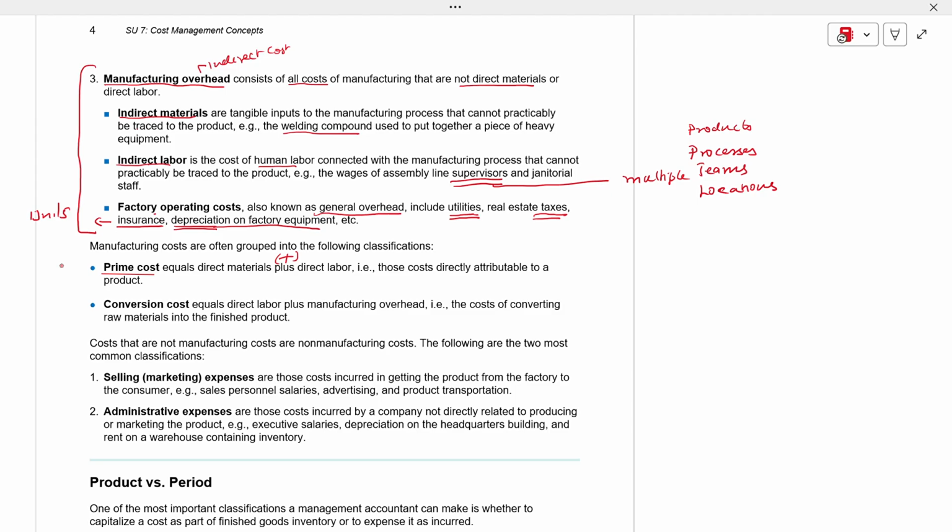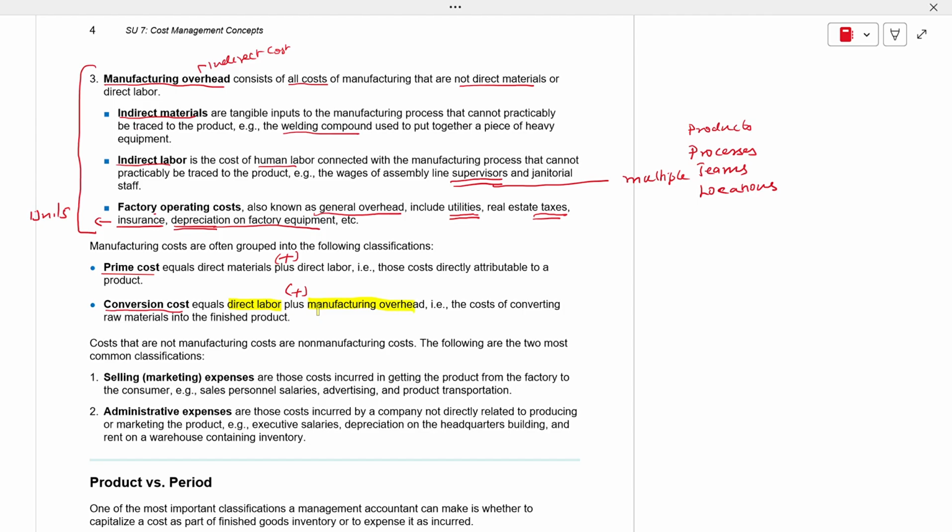Where is the conversion cost? Conversion cost is equal to direct labor plus manufacturing overheads. It will not include material cost. What is the conversion cost? Conversion cost is direct labor plus any manufacturing overheads.